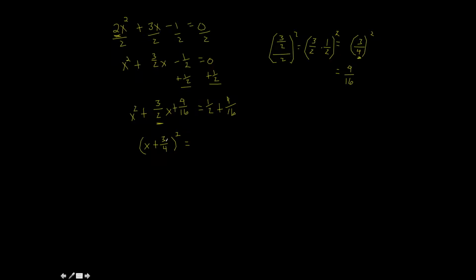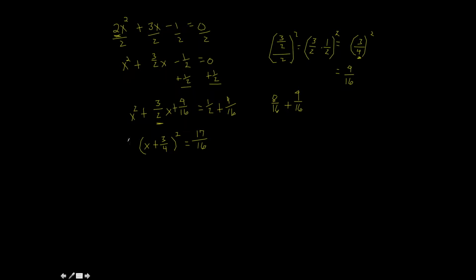That is an easy way to factor that perfect square trinomial. Now the right hand side is a little different because we've got to get a common denominator here, and the common denominator is of course going to be 16. So 2 times 8 gave us 16, so 1 times 8 gives us 8. So this is 17 over 16.